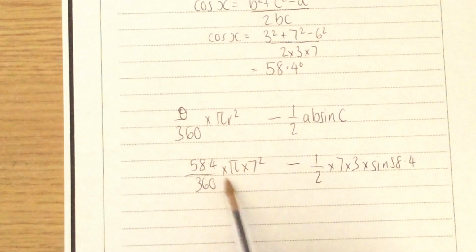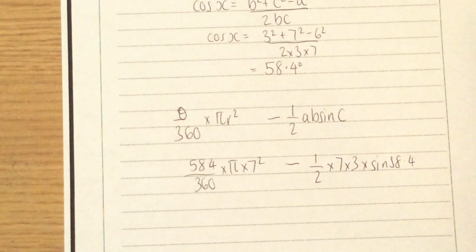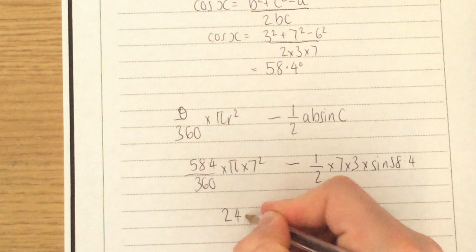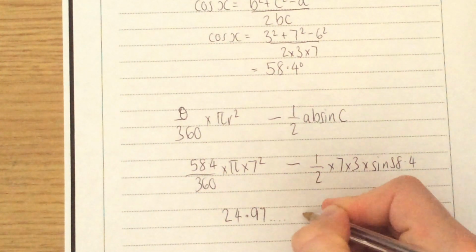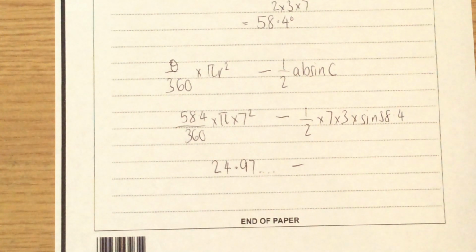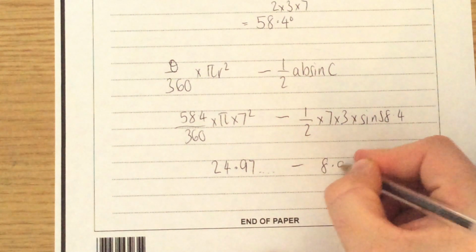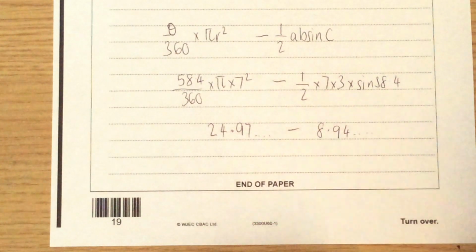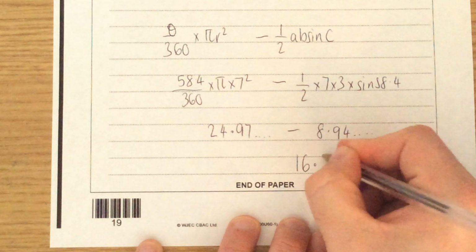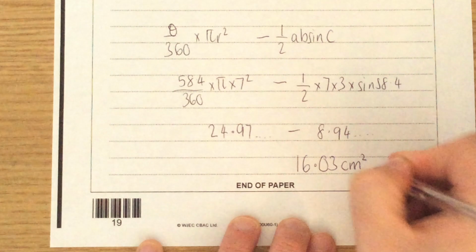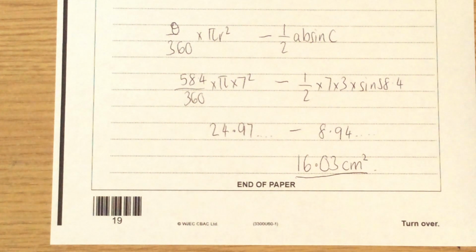So the area of the sector comes to 58.4 divided by 360 times pi r squared, which comes to 24.97... And then the other part, a half times that times sine of 58.4, comes to 8.94... and then subtract them to find that the shaded area is 16.03, and it's all in centimetres and it's an area, so it's 16.03 centimetres squared.